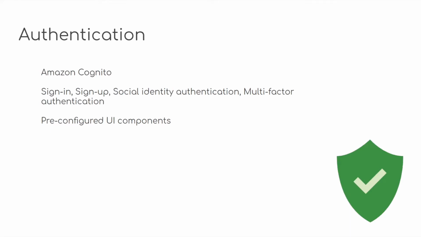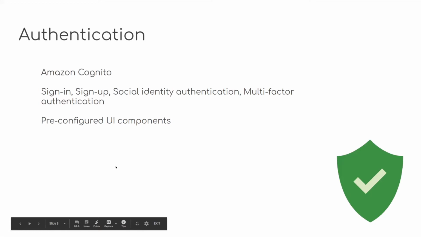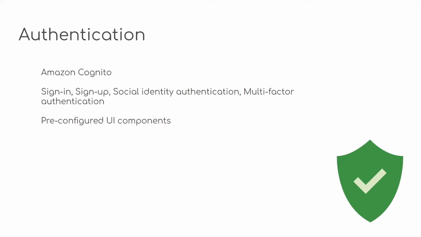So with Amplify, you can create and configure Amazon Cognito resources to sign in and sign up your users, and you can interact with these resources using the client libraries from your front end. So you can directly call the resources you have provisioned, and it also provides you a pre-configured set of UI components to cover scenarios like sign in, sign up, or reset password, multi-factor authentication, or it can even do much more complex, sophisticated scenarios like time-based one-time passwords.